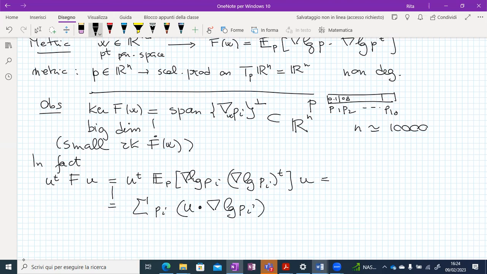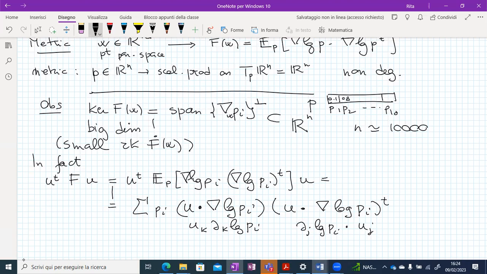This is u_k del_k logarithm of P_i. Then I have to do the same thing here, with the transpose: del_j logarithm of P_i times u_j. It is a multiplication of rows by columns, but it becomes a scalar product.